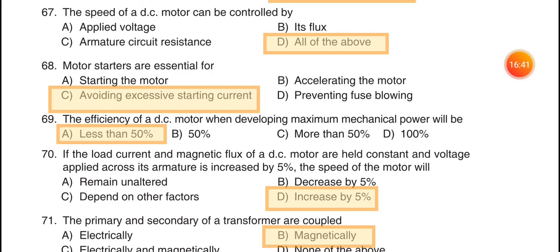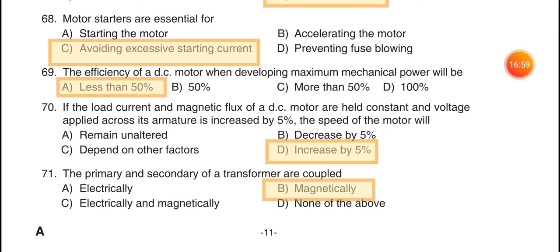67. The speed of a DC motor can be controlled by applied voltage, its flux, armature circuit resistance, option D, all of the above. Answer is option D, all of the above. 68. Motor starters are essential for option C, avoiding excessive starting current. 69.